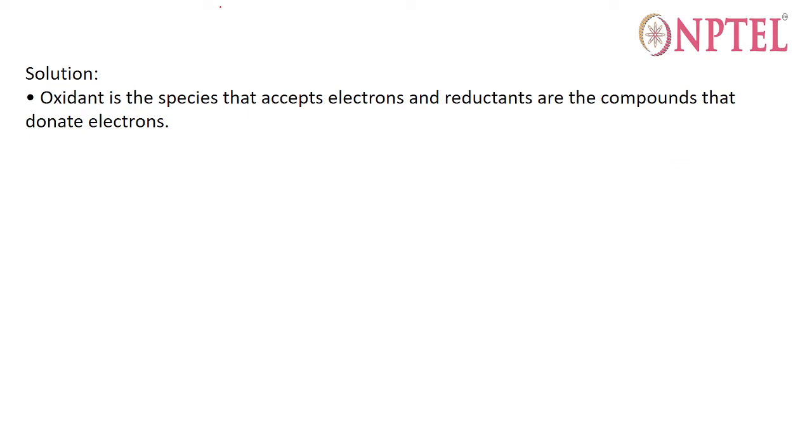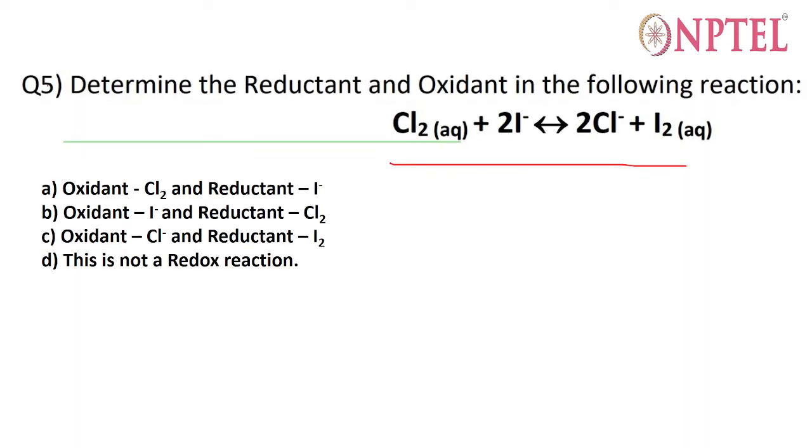And reductants will give or donate the electrons. So here I can see which one is accepting electrons. Chlorine is accepting electrons, and this one is donating electrons, right? So oxidant is chlorine and reductant is iodine, right?